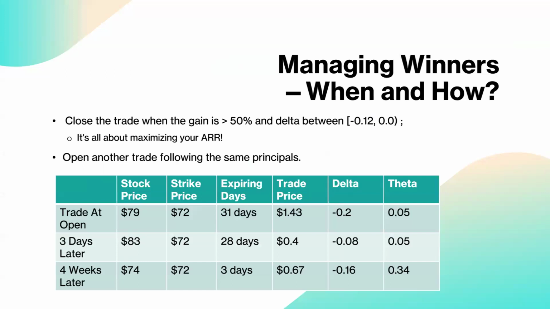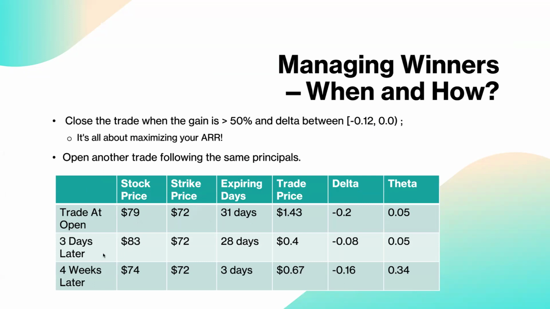The reason we do this essentially is to maximize your ARR. I will give you 2 scenarios of one put trade to demonstrate. So when the stock price is $79, we enter a put trade at a strike price of $72, expires in 31 days, and the trade price is 1.43.